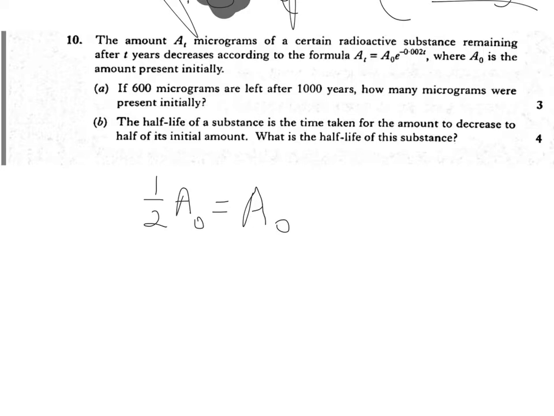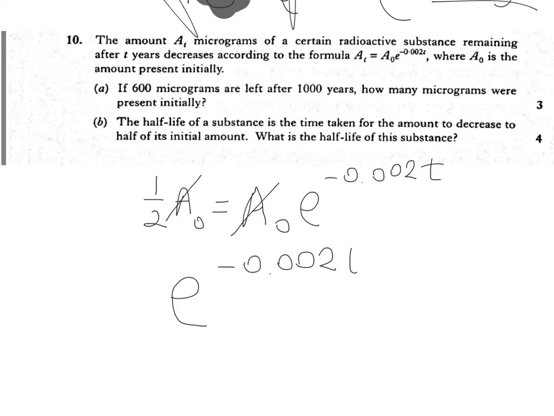So half A naught equals A naught e to the minus 0.002t. So what we can do next is cancel the A naughts, and we'll get e to the minus 0.002t is equal to 0.5.